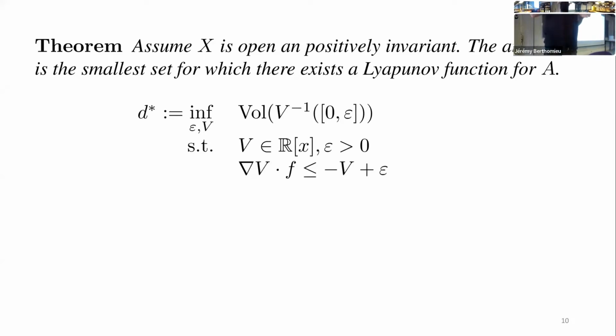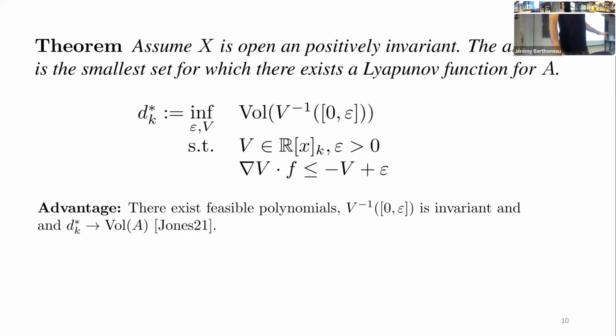And now using the Stone-Weierstrass theorem, I can put some polynomials in there which solve this problem. And therefore this problem still gives me the volume of the attractor, and I can find feasible polynomials for this set. This was proposed by Jones and Peet.